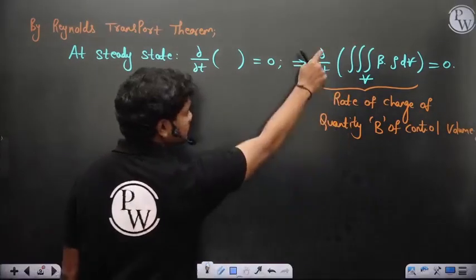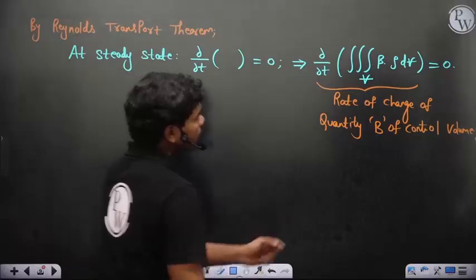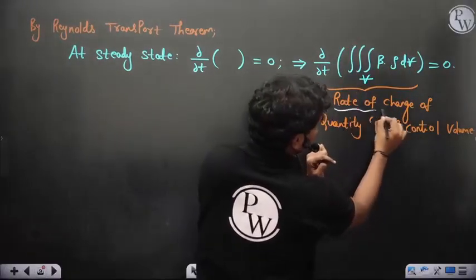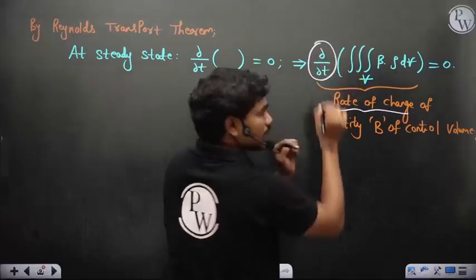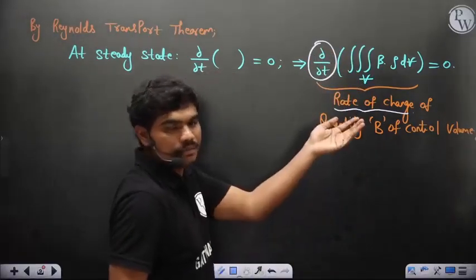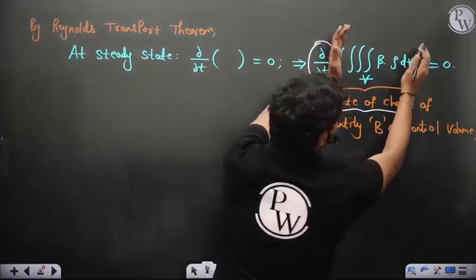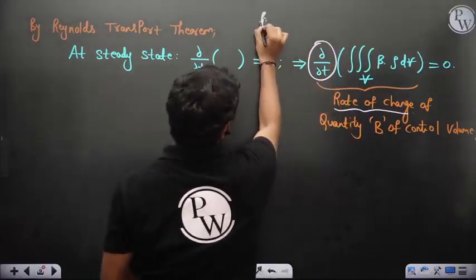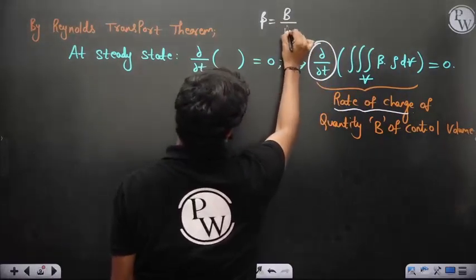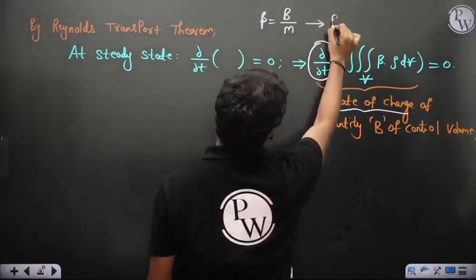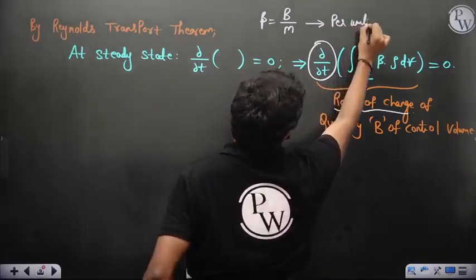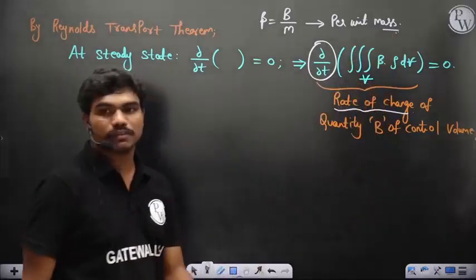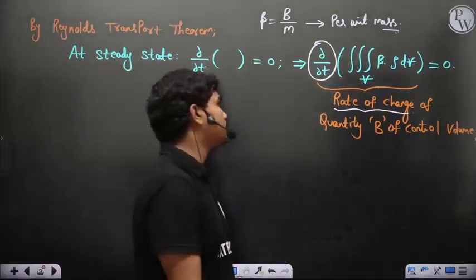Dou by dou t is the time rate of change. Now how does this quantity give you quantity B of the control volume? Rate of change is basically this time derivative. Beta is an intensive property per unit mass, basically B by M. Now try to understand something carefully.